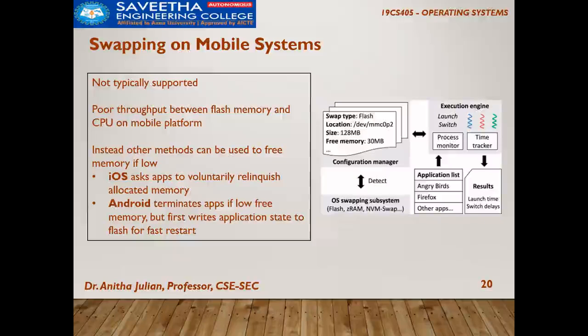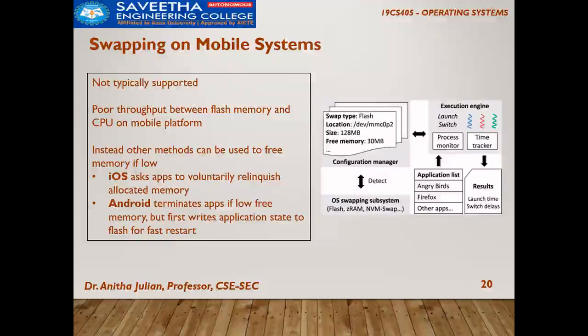Nowadays even mobile devices use the swapping concept, but typically it is not supported because of very poor throughput between the flash memory of the mobile and the CPU on the mobile platform. Both the flash memory as well as the hard disk type memory will be quite small, so the swapping operation may not be very efficient.